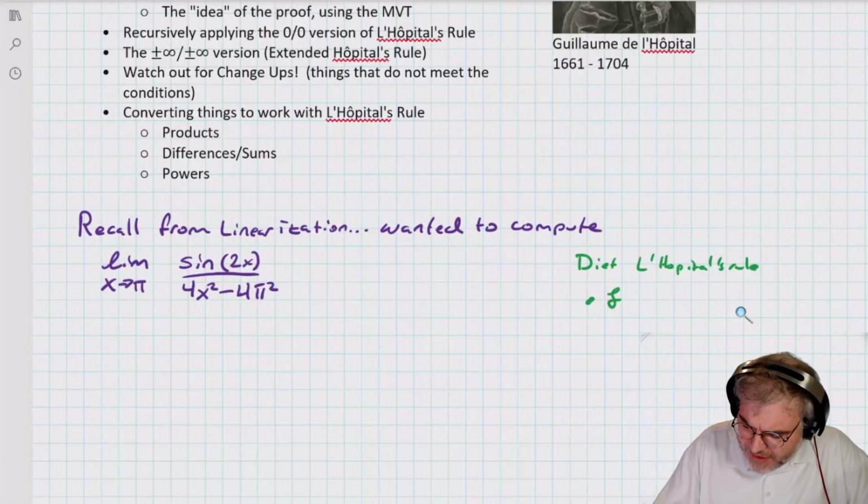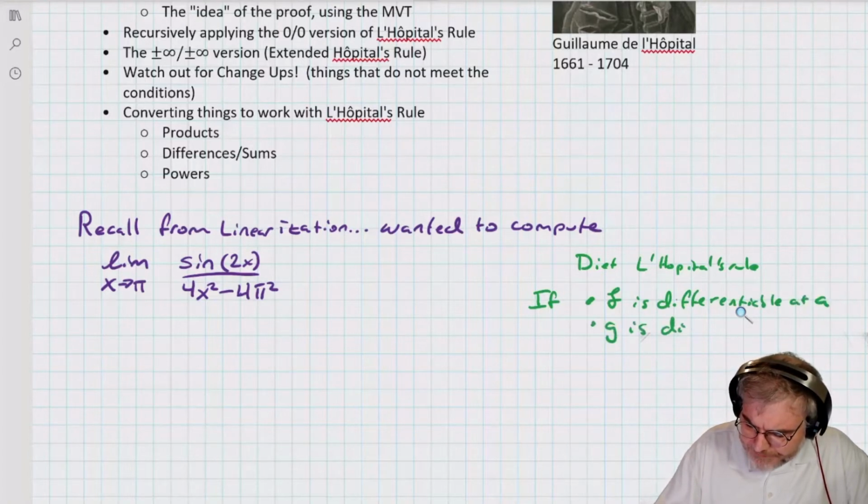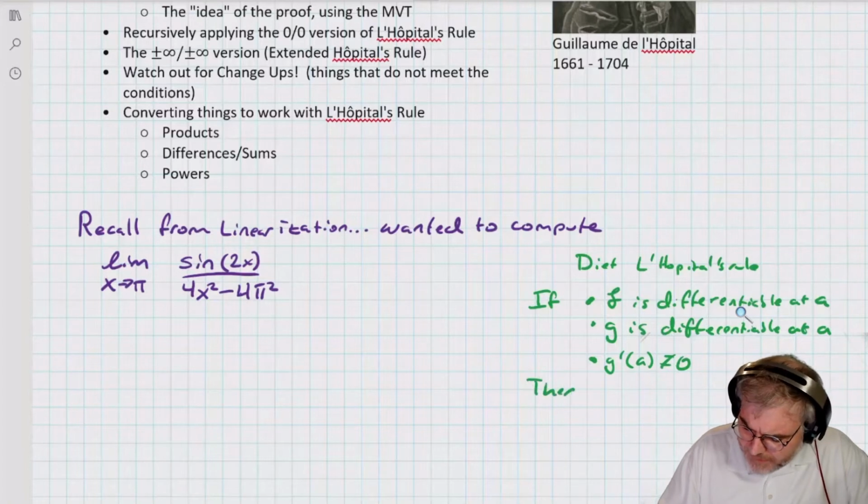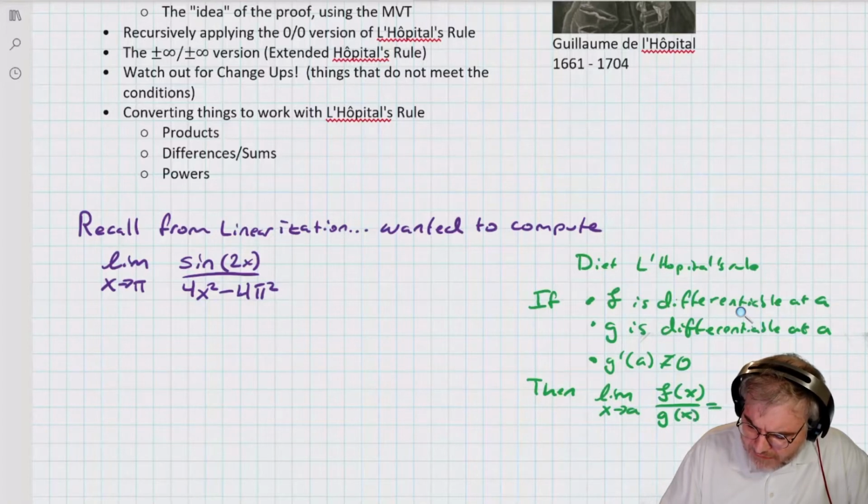So I had, if f is differentiable at a, g is differentiable at a, and then this thing where g prime of a did not equal 0, then the limit as x went to a of f of x over g of x equaled f prime of a over g prime of a.